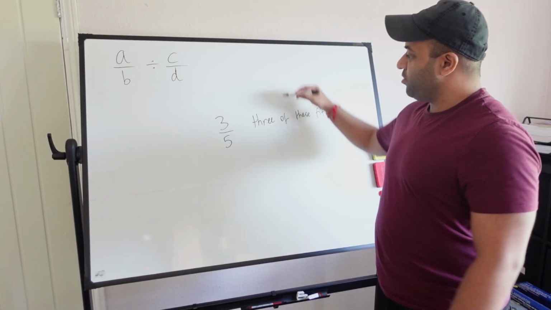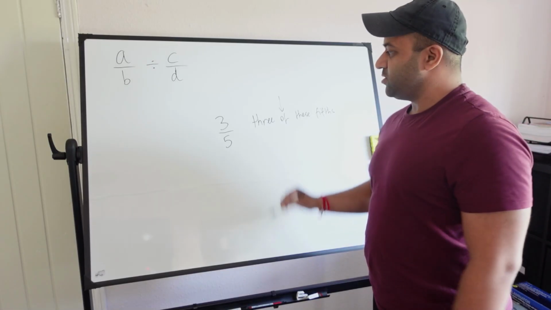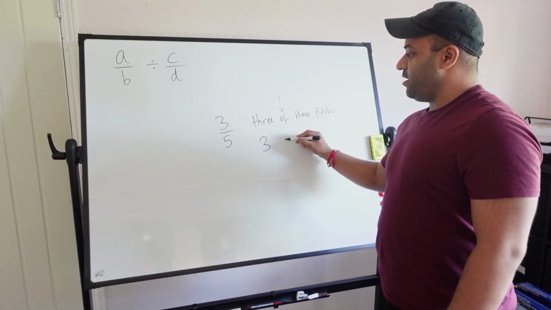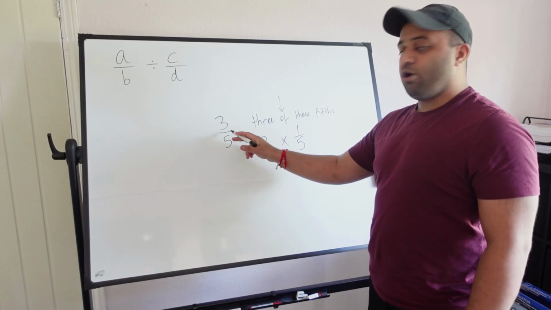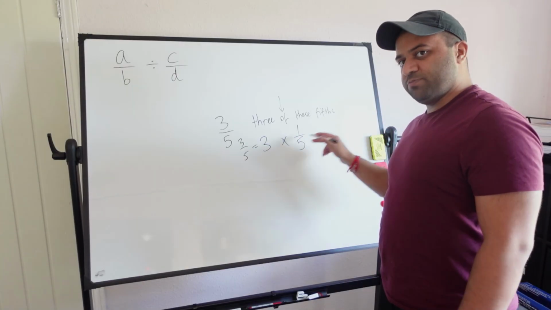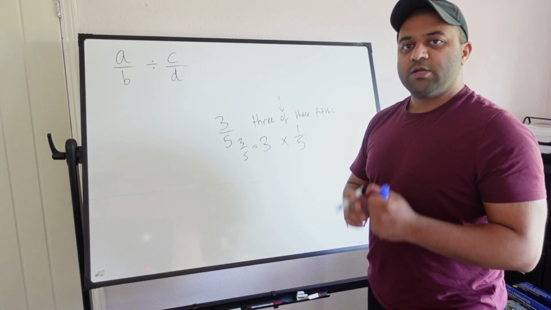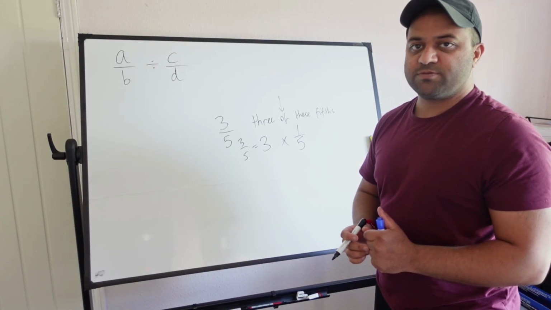And using what we learned today, of is times. So we can say 3 of a fifth. So 3 over 5 is equivalent to 3 multiplied by 1/5. We'll use this definition to split these fractions.